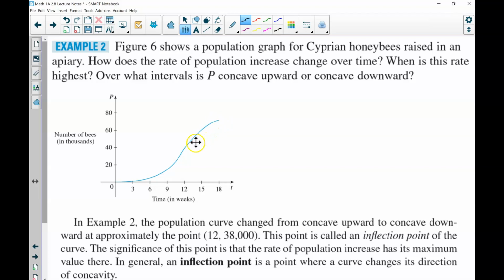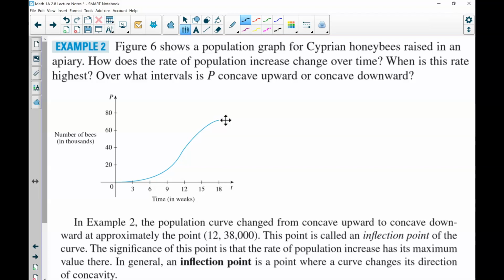And then it decreases as the population begins to level off. So as the population approaches its maximum value of about 75,000, called the carrying capacity, the rate of increase, the first derivative, approaches 0.